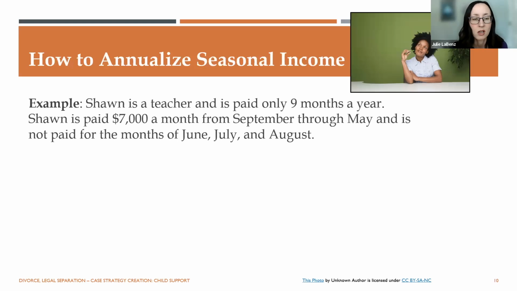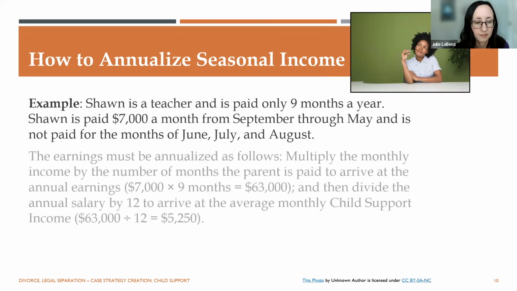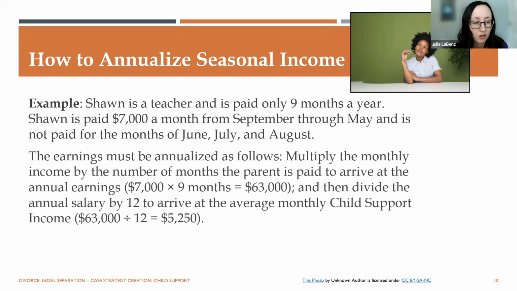Here's an example. Sean is a teacher and is paid only 9 months a year. Sean is paid $7,000 a month from September through May and is not paid for the months of June, July, and August. The earnings must be annualized as follows. Multiply the monthly income by the number of months the parent is paid to arrive at the annual earnings.